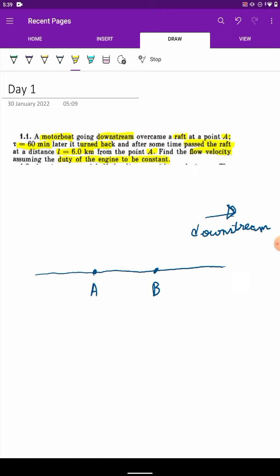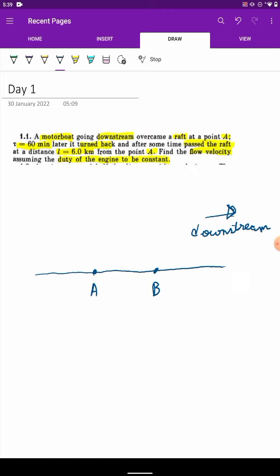Duty of the engine is constant, which means the motorboat has a constant velocity on still water, because we'll come to that in a minute, why I am specifying still water.